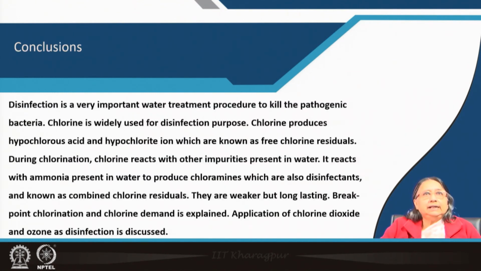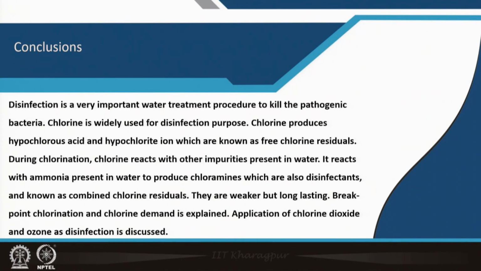And as a conclusion for this lecture, disinfection is a very important water treatment procedure to kill pathogenic bacteria. Chlorine is widely used for disinfection. Chlorine produces hypochlorous acid and hypochlorite ion, which are known as free chlorine residuals. During chlorination, chlorine reacts with other impurities present in water.